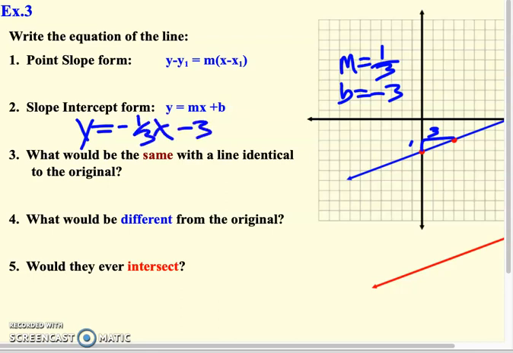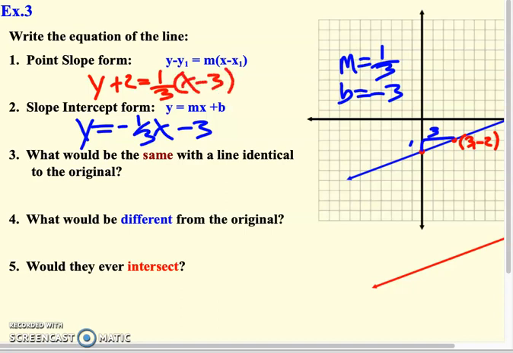Point slope, again, if I pick this coordinate over here, which is 3, -2, and I'm purposely not choosing the y-intercept to do point slope because that would get you there with a 0 in there. We kind of want to see the process where we don't have 0 plugged in. But still using the same slope, so now I would do y minus a -2, which is +2, equals 1/3 times (x minus 3).